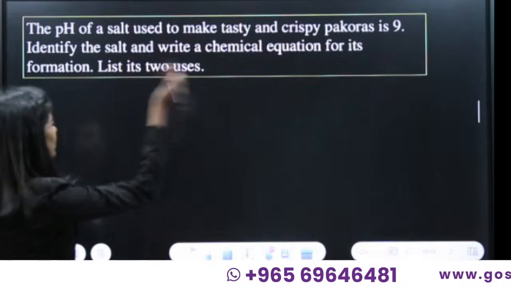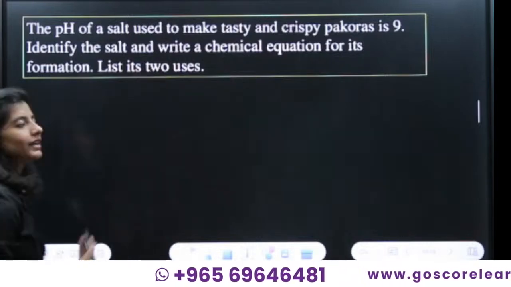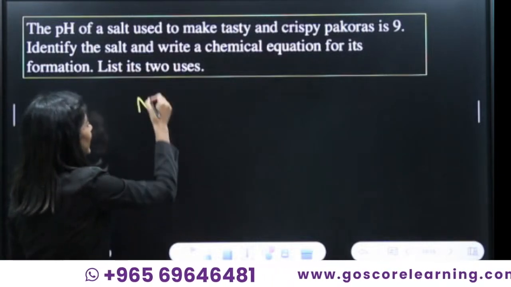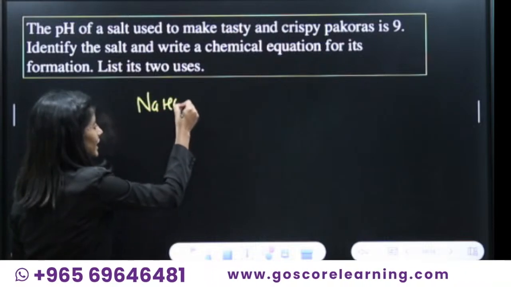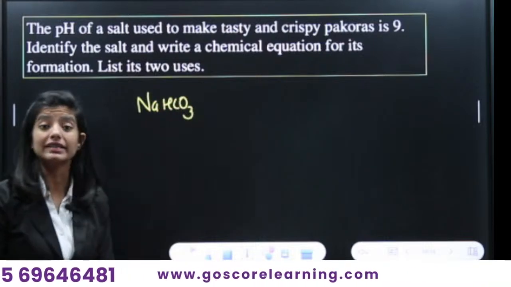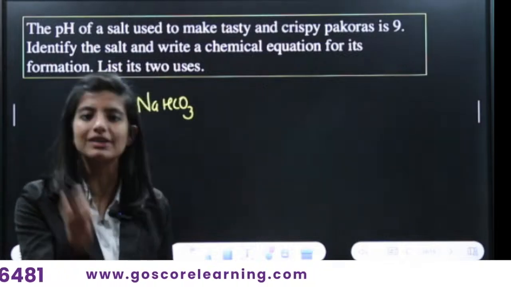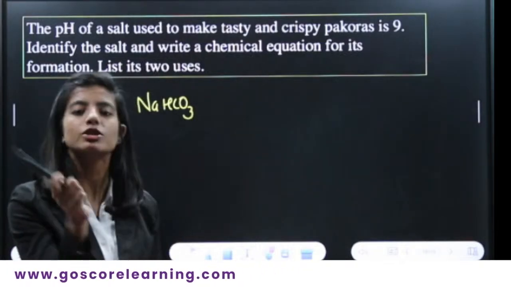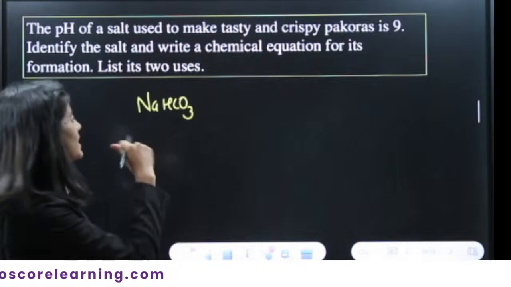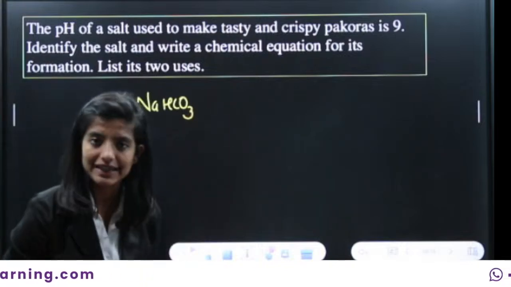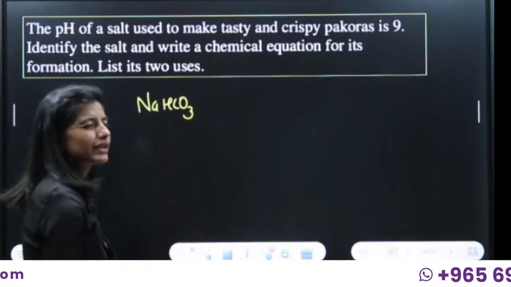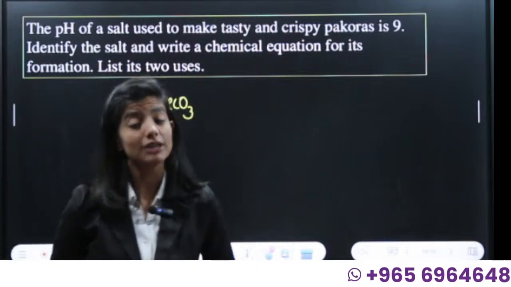What's the formula for baking soda? Definitely you guessed it correctly. It is NaHCO3. That is your baking soda, not the powder. Baking powder is the one you use in cakes to make them fluffy, and it also has mild edible acids. Here you can add the raw baking soda itself.